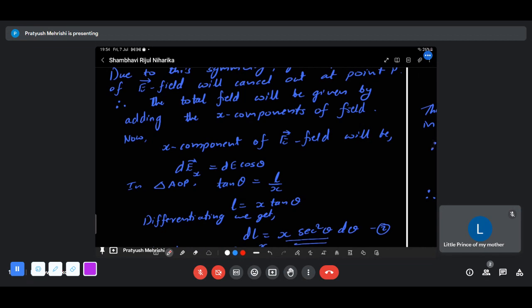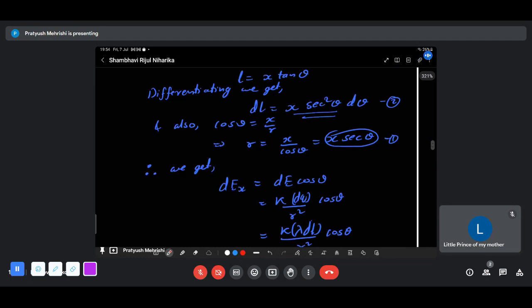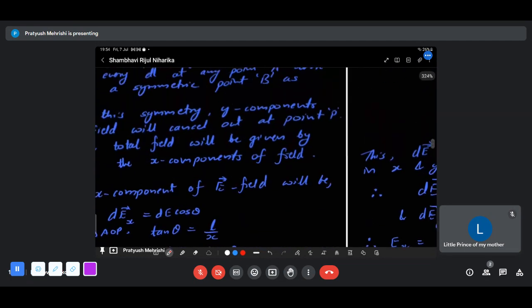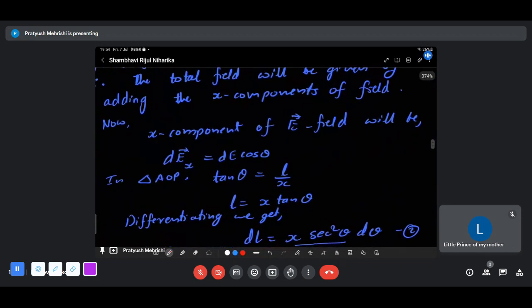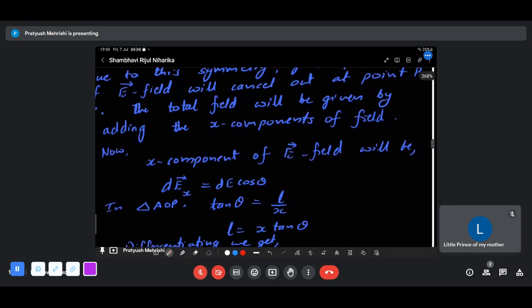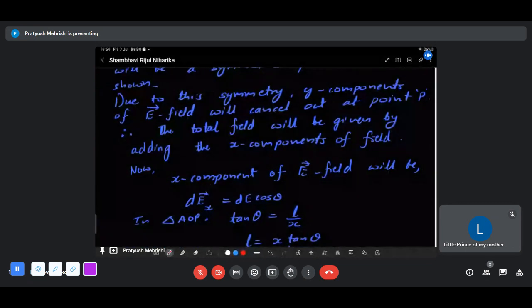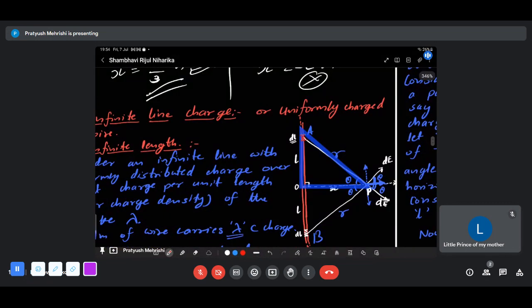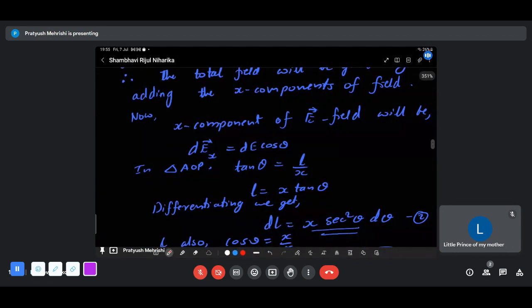dE cos theta. Okay. Now there is one loophole in this. How to solve ahead? For that we can proceed in two ways. I have taken the way of trigonometry here, that would be easier. So this electric field is dE cos theta. Now in this triangle AOP, what is tan theta?